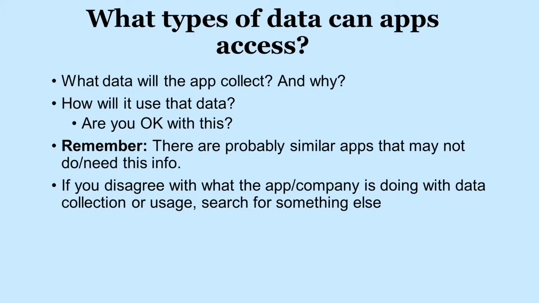It hopefully will tell you what data the app will collect, why, and how they use it. You need to know, are you okay with that? There are probably similar apps that may not do this or need this information. If you disagree with what they're looking for and what they're going to use it for, search for something else.